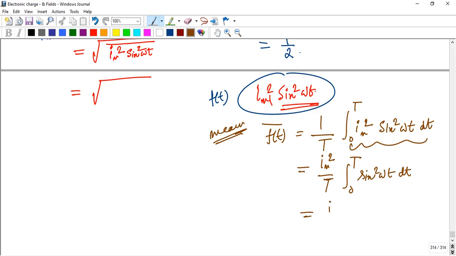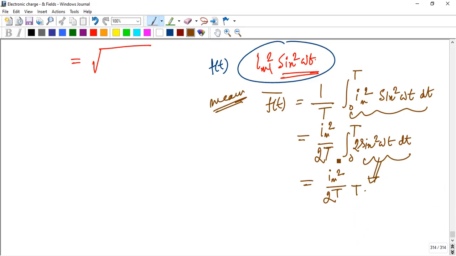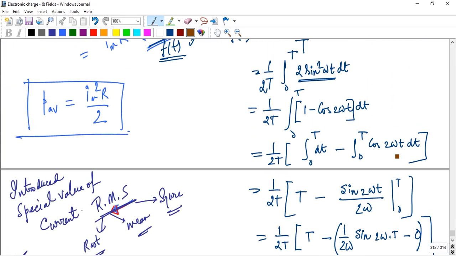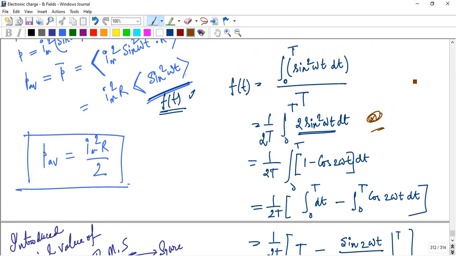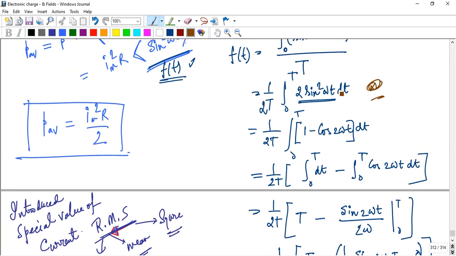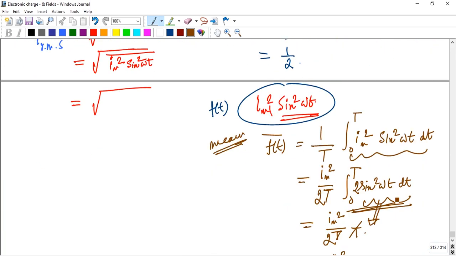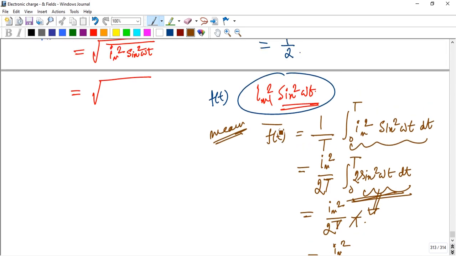The integration gives T by 2, so the T cancels, and finally the mean is Im square by 2.